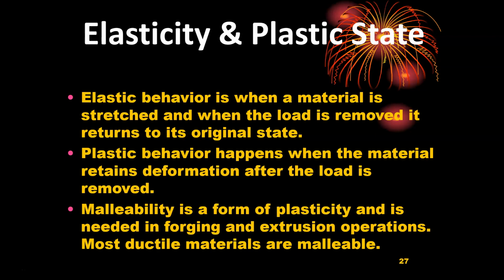Most ductile materials are malleable. Elastic deformation is the recovery of the original dimensions of a deformed body when the load is removed, and that is known as elastic deformation. The limiting load beyond which the material no longer behaves elastically is called the elastic limit.